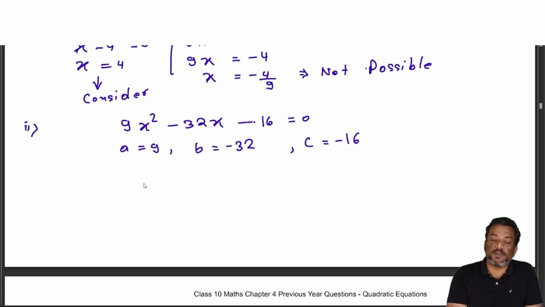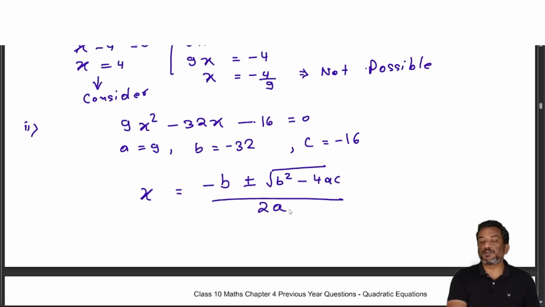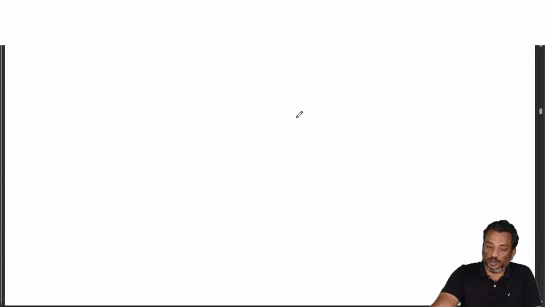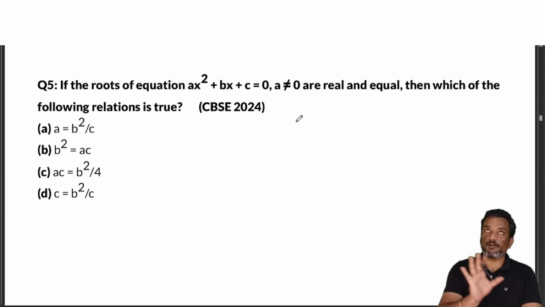Same way, you already know the quadratic equation formula: x is equal to minus b plus minus square root of b² minus 4ac over 2a. Now here you can substitute the values of a, b, c, and you will get the x value. Same way, one positive and one negative, the same values you will get. Hope you are able to do that one. If you have any doubt, you can follow our quadratic equation videos. There also we have done this type of questions.